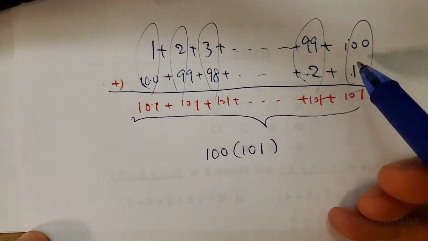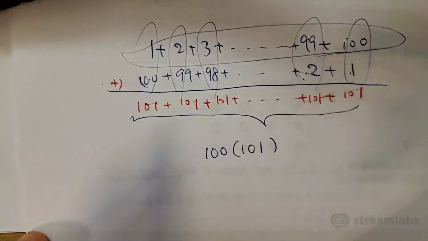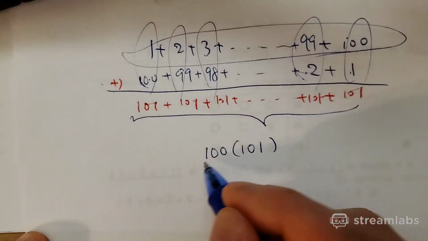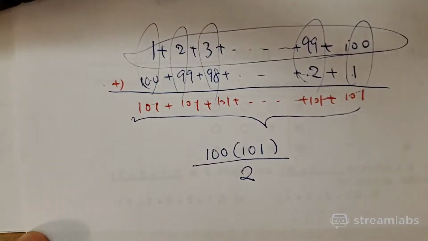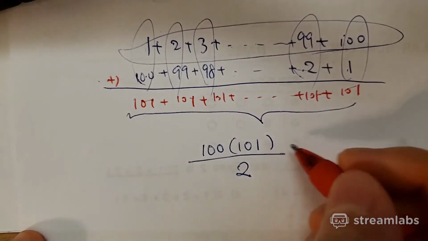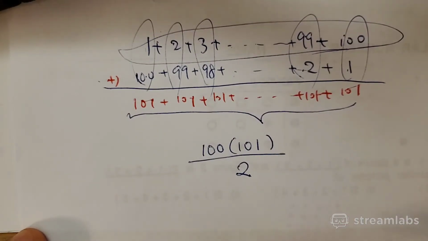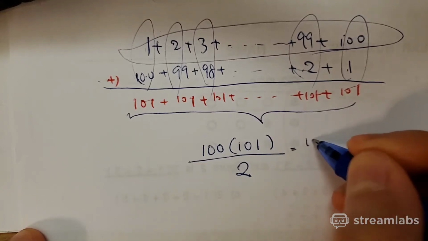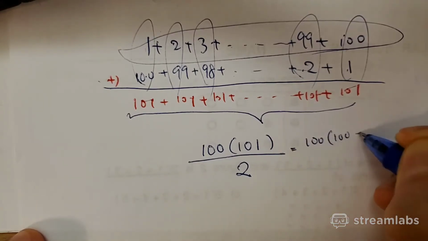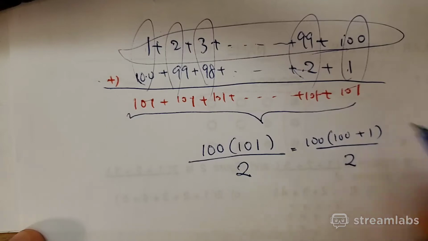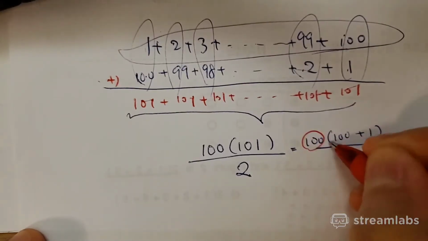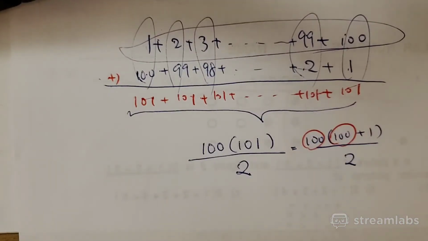But the initial question, I only asked for one side, right? Not both. So I divide by 2. See that? See your 100 times 100 plus 1 over 2? See this part? Okay.